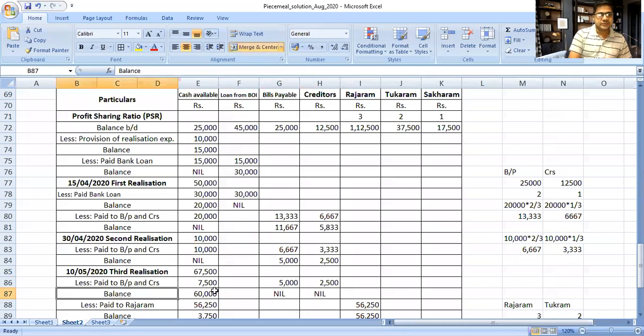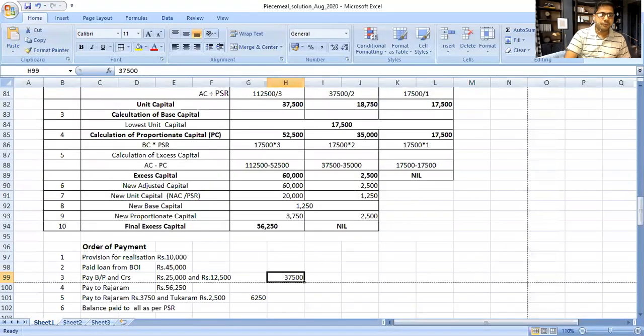Now we still have cash available, and the cash balance is 60,000. This particular 60,000 we will use for payment of the partners' capital, but still we will depend on the order of payment. After paying the liabilities of bills payable and creditors, the next thing we have to consider is to pay Rajaram 56,250.